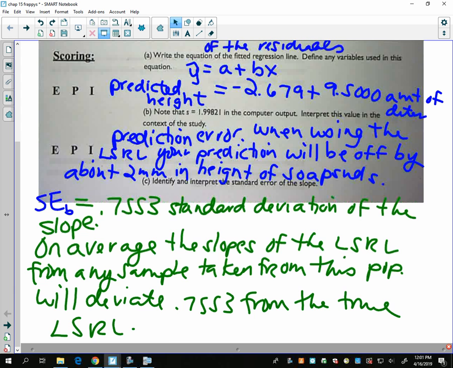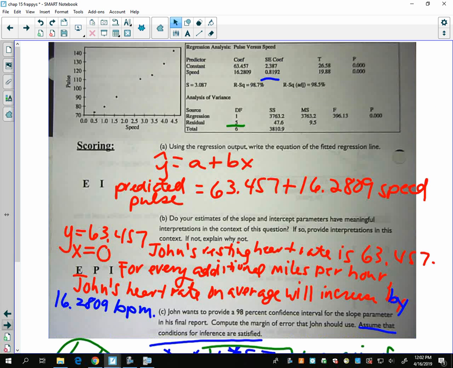Okay, let's do the next one. All right, so what does the next one say? I have this one over here. Okay, John believes that as he increases his walking speed, his pulse rate will increase.